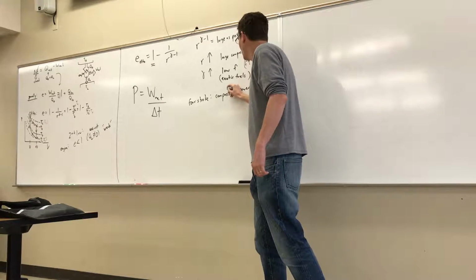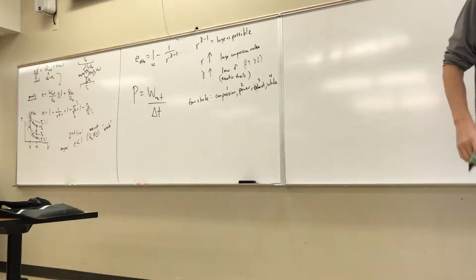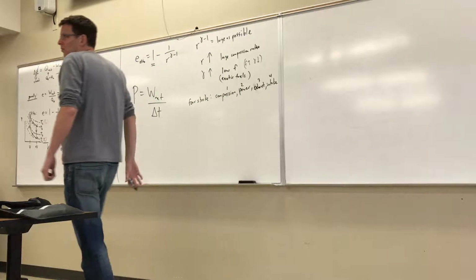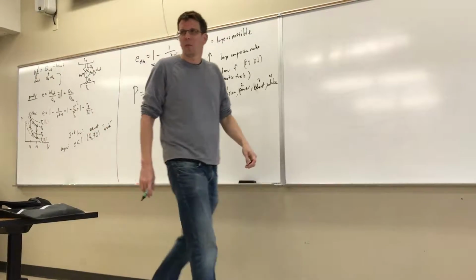So that's 1, 2, 3, 4 different trips that the piston has to make. Now remember, a stroke is just one way, so this is actually like 2 periods, right? So that's the normal 4-stroke.